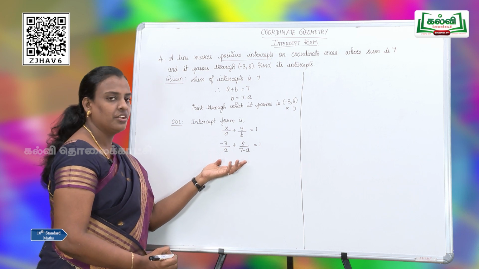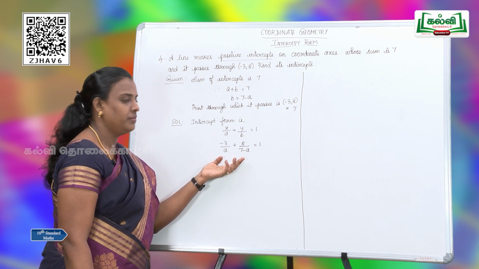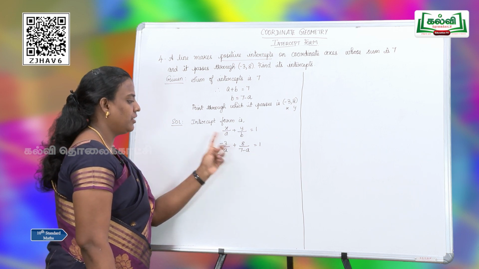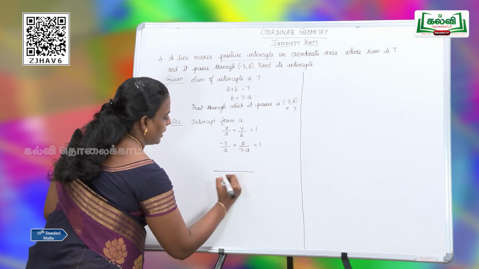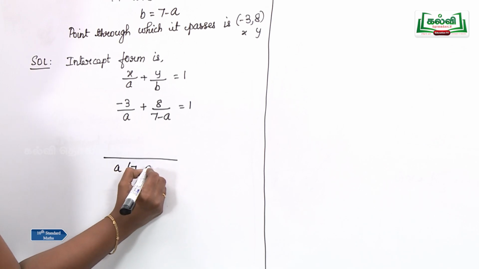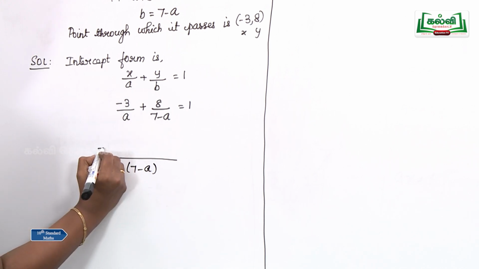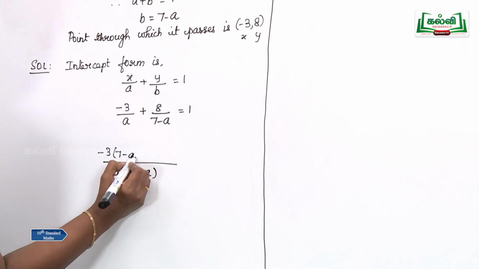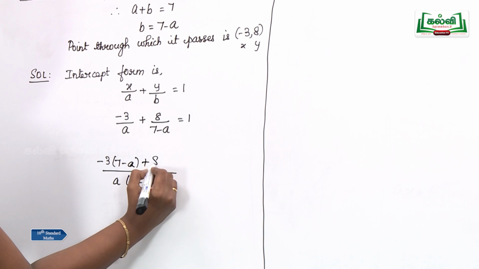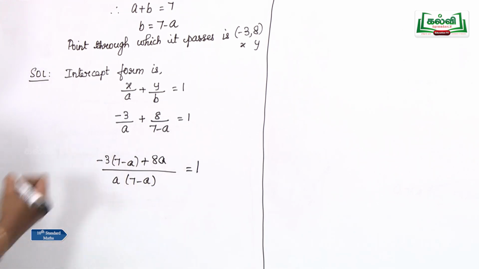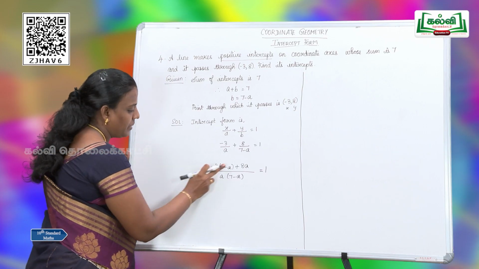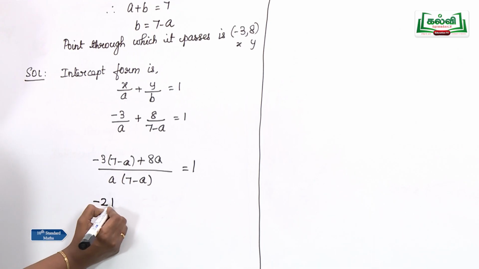Now how do you take the LCM for the denominator? Yes, you will just multiply and do the cross multiplication. So I will get a into 7 minus a. When I cross multiply, I get minus 3 into 7 minus a plus here I get 8a is equal to 1, isn't it? Now multiply minus 3 inside, I get minus 21.